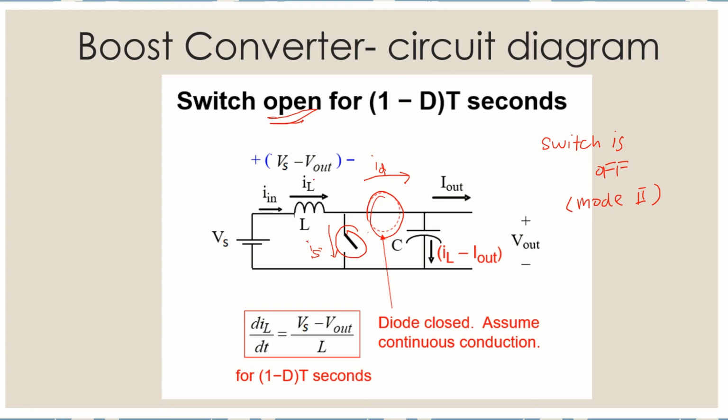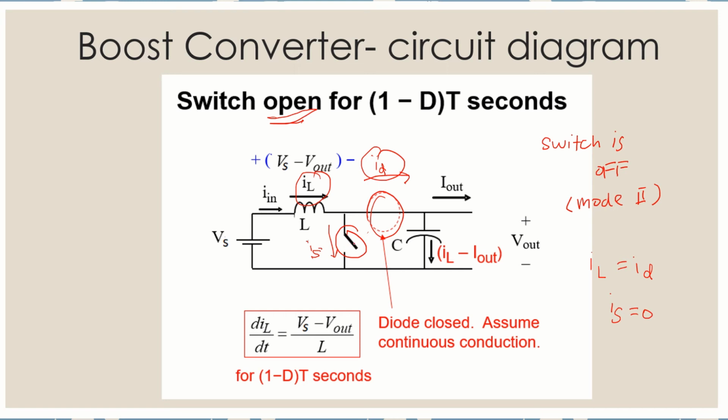You will agree with me that IL now is equal to ID, because they are in the same path. So now IS becomes what? IS is 0, because now this becomes open.